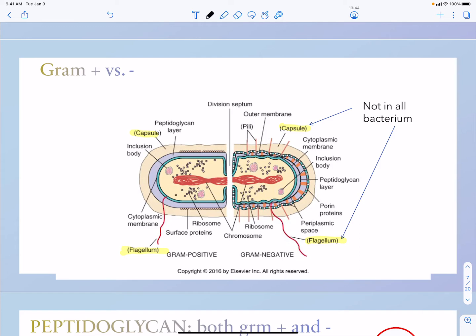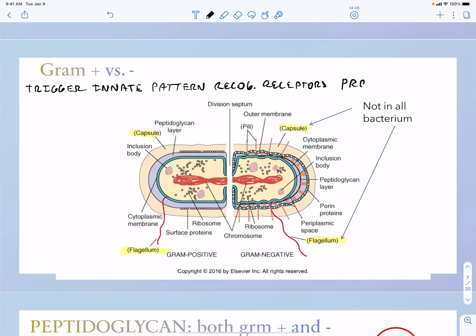Also keep in mind that a lot of the components on these are going to trigger an innate response, through those pattern recognition receptors, those PRRs, such as toll-like receptors.